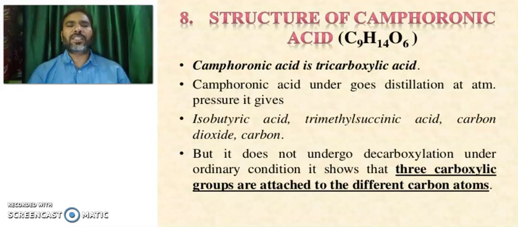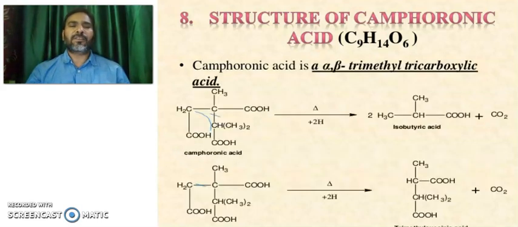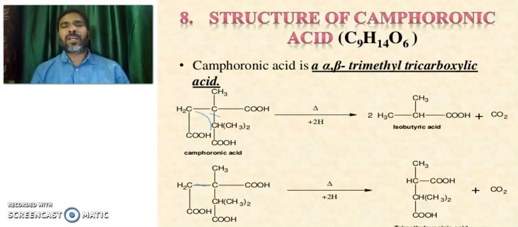It shows that the 3 carboxylic groups are attached to different carbon atoms. So, camphoronic acid is an alpha, beta, beta-trimethyl tricarboxylic acid. You can see the camphoronic acid gives isobutyric acid and this product.